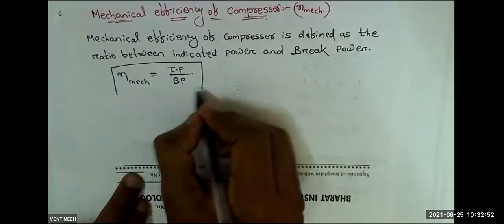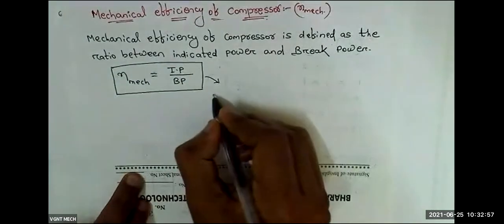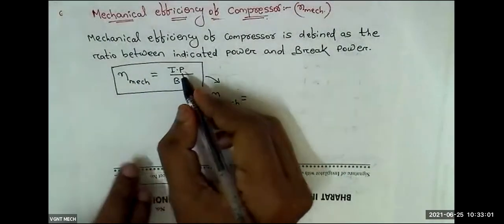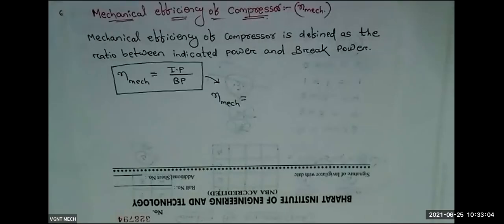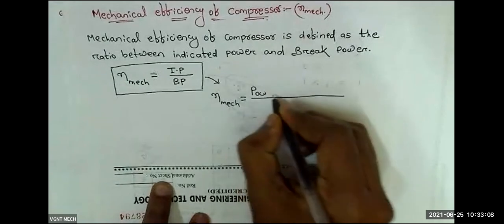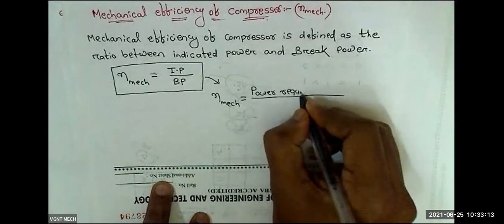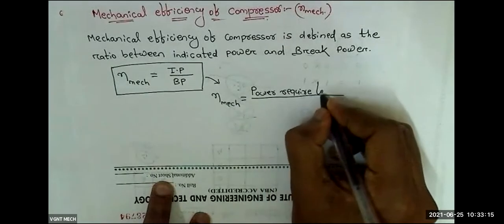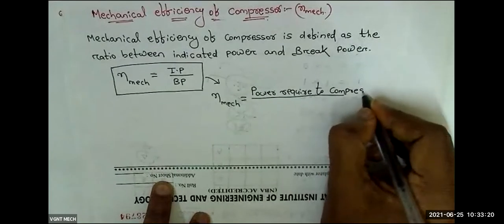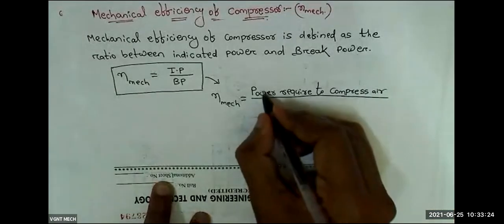Okay, so this is the formula to calculate mechanical efficiency. We can also write it as: mechanical efficiency is equal to indicated power, meaning the power required to compress the air, divided by brake power.